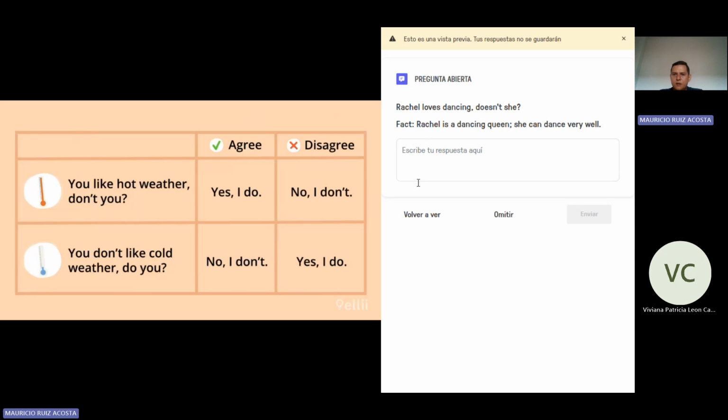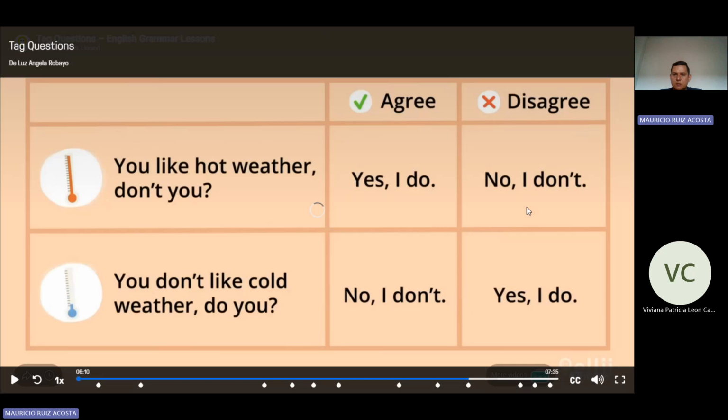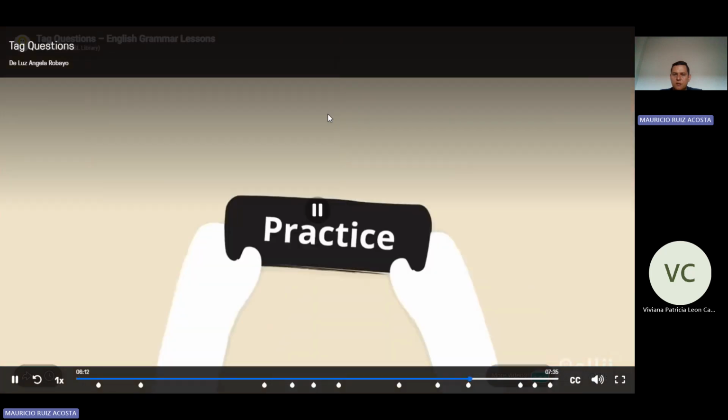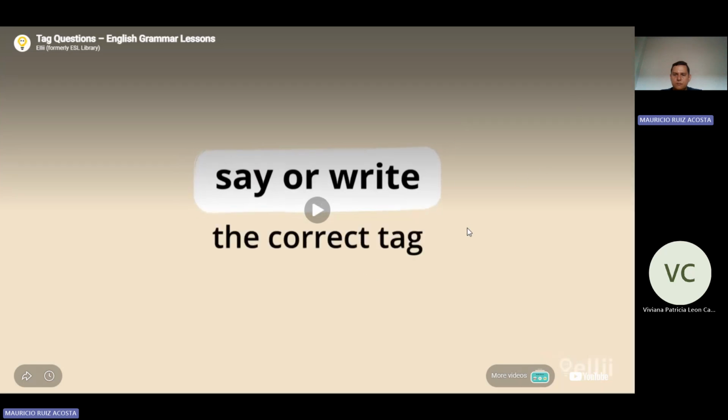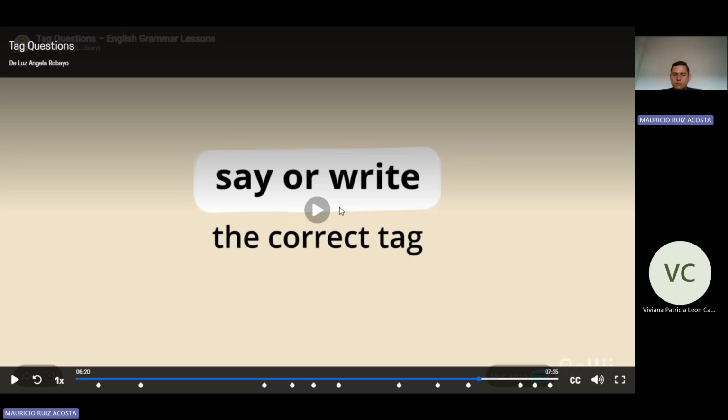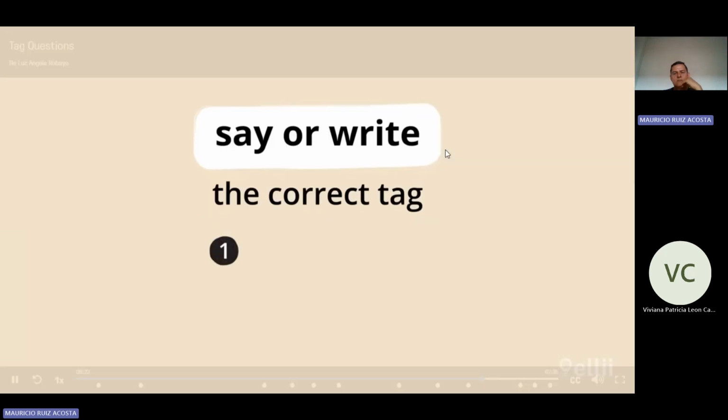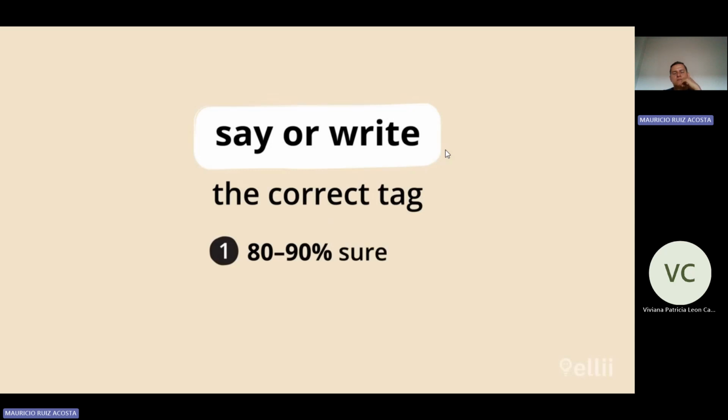Okay, this is an open question. Look at the picture and the sentence stem. Say or write the correct tag. Try saying each question twice. First, imagine you are 80 to 90% sure that someone will agree with you and use rising intonation.